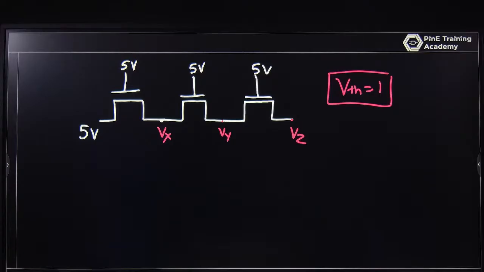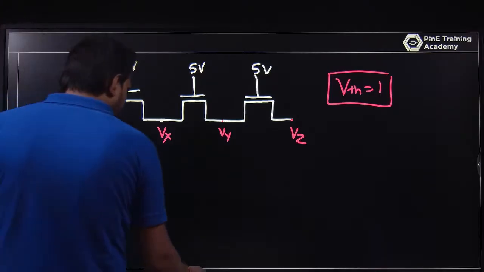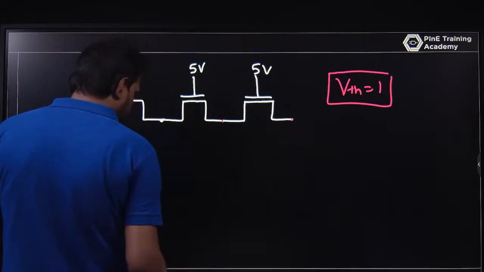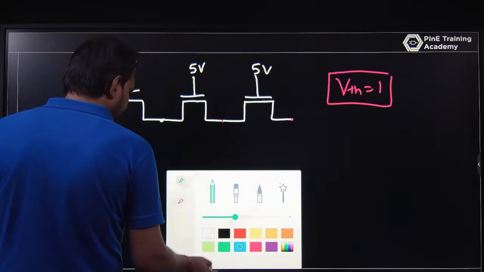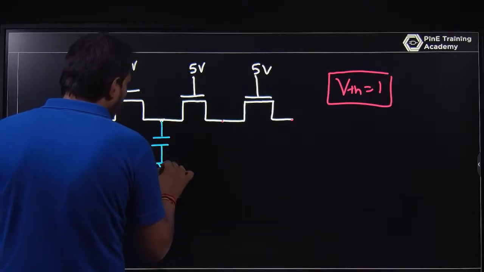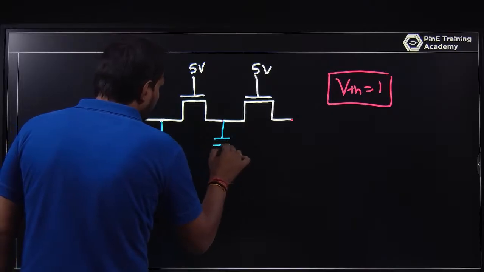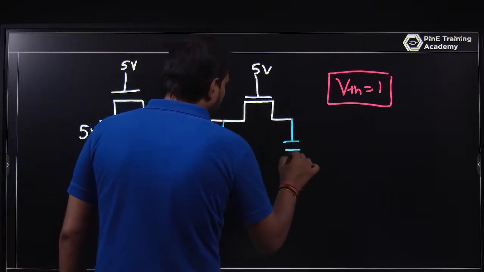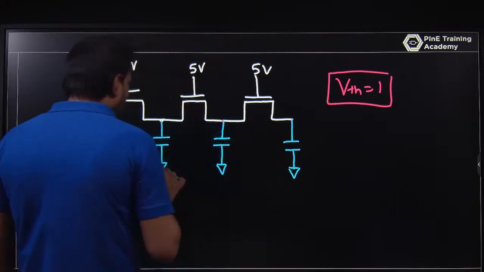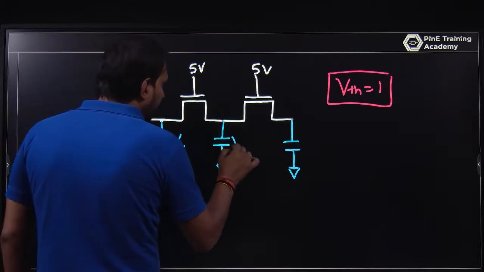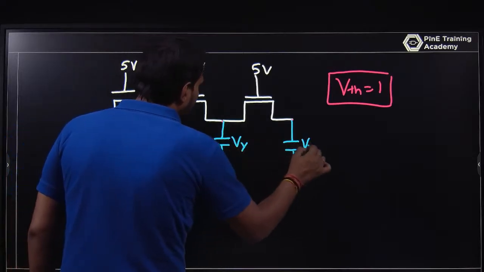You just think in such a way, okay, let's assume we have a capacitance here, we have a capacitance here, and we have a capacitance here. That will be Vx, that will be Vy, that will be Vz.